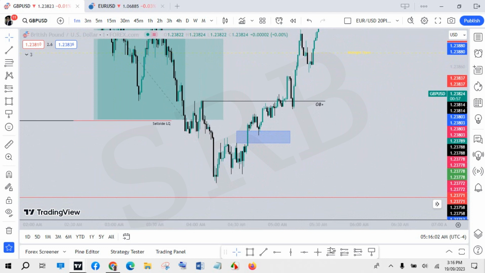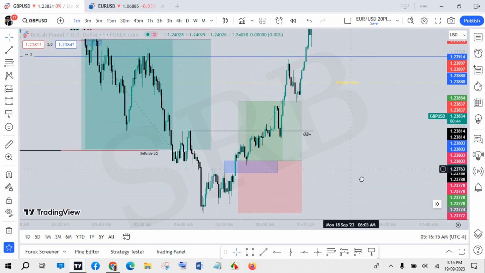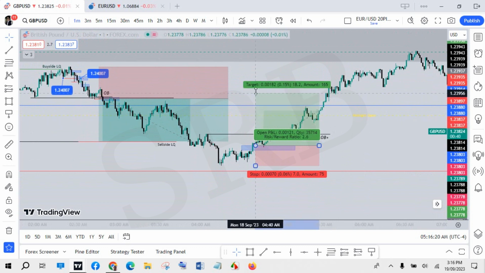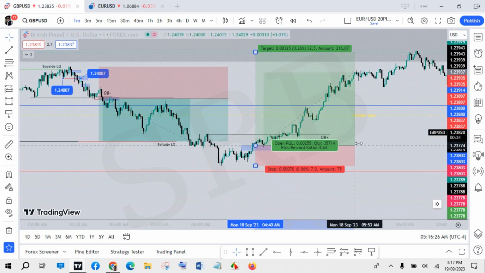So that is the price point entering. Stop loss of 7 pips, and we can target that high for 4.